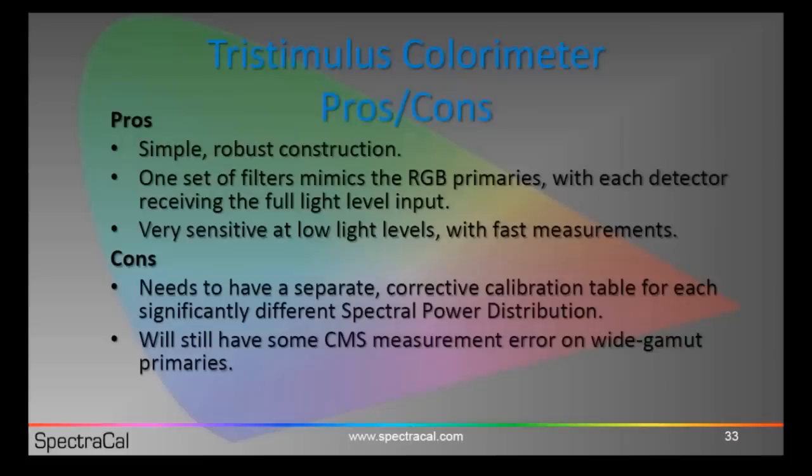However, it's not quite as accurate as a spectroradiometer would tend to be, and so the tristimulus colorimeter has corrective calibration tables within it to correct it for different wavelength distributions of light energy. And so we'll need to have a different calibration table for each significantly different spectral power distribution. A little less convenient where we have to set up the calibration table.